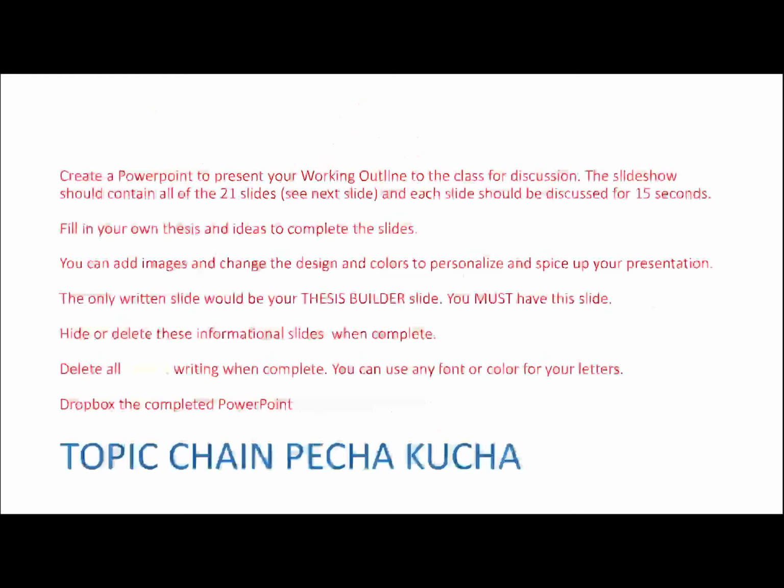You're just going to fill out these slides with your own ideas, with your own robot paper that you just wrote your exploratory paper on. It has some green writing in here. You can just delete that, but you want to have a photo or a picture or an illustration for each point and each part of your paper. So it's kind of a fun way to visualize it. And then you're going to Dropbox the completed PowerPoint.